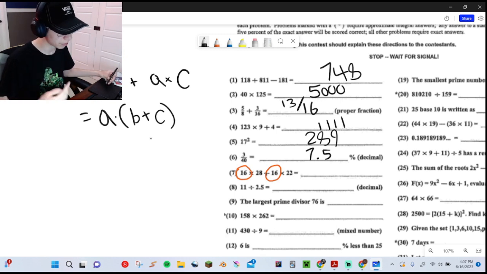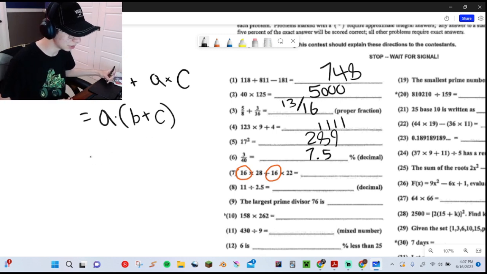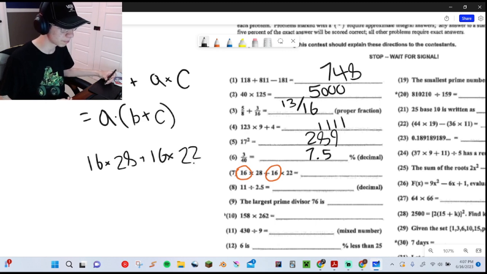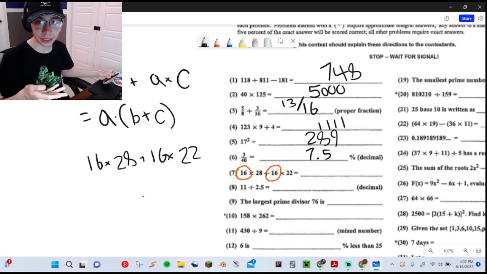So let me rewrite this, substituting in 16 for our a, 28 for our b, and 22 for our c. So really, doing 16 times 28 plus 16 times 22 is the same as doing 16 times 28 plus 22.